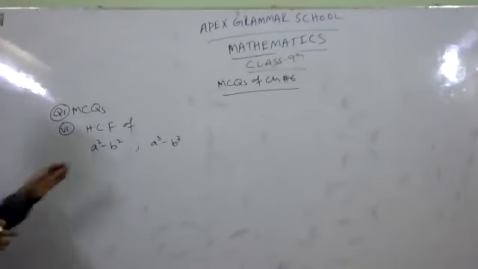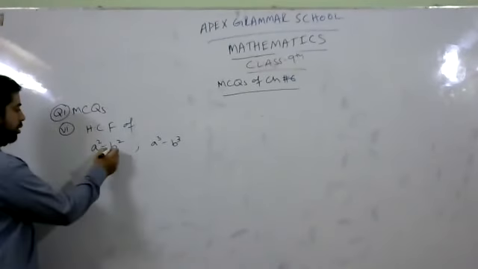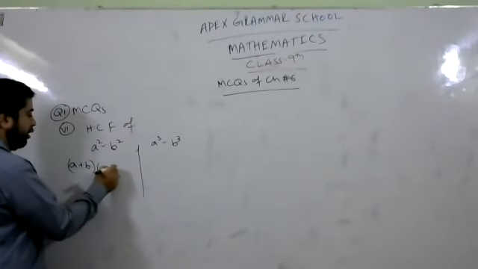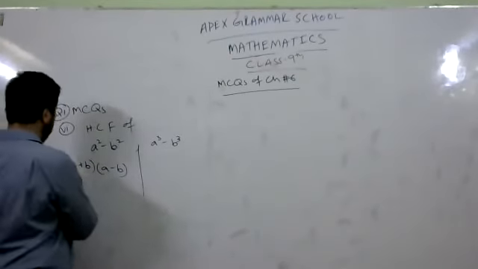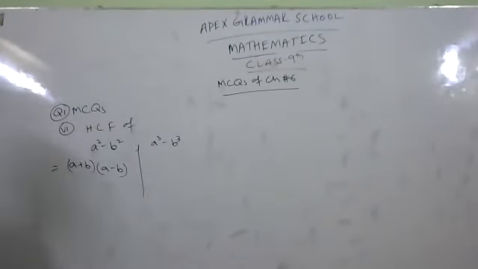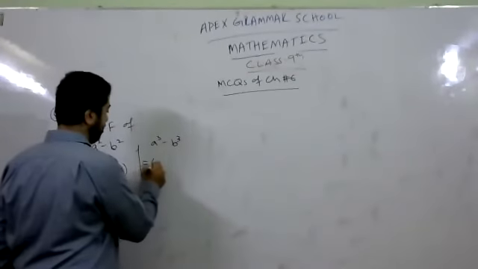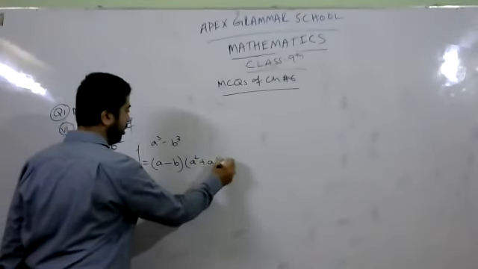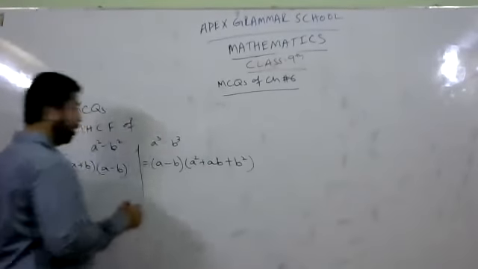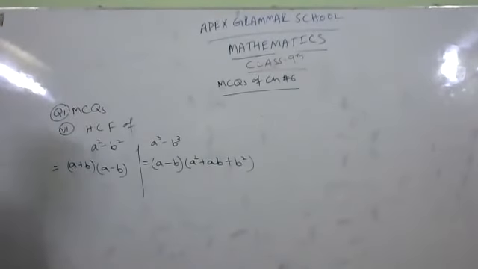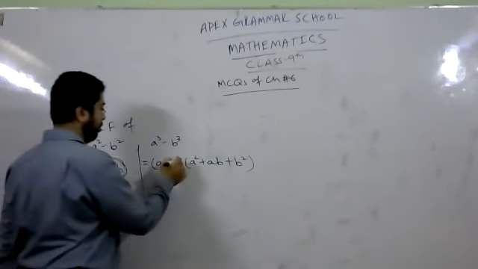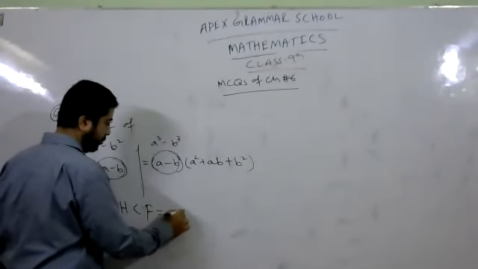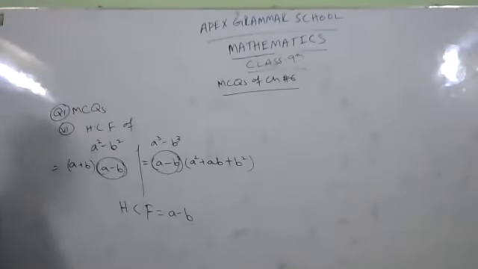A square minus B square is (A plus B) into (A minus B), and A cube minus B cube is again the formula, that is (A minus B) into (A square plus AB plus B square). Now check which is common. A minus B is common. That's it.